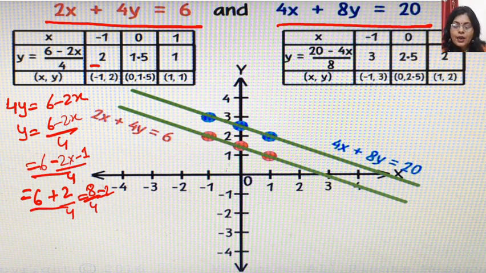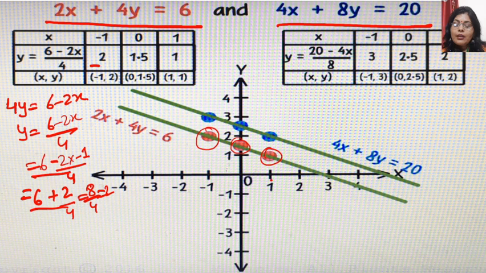And we have got the answers. Minus 1 and 2. 0 and 0.5. 1 and 1.